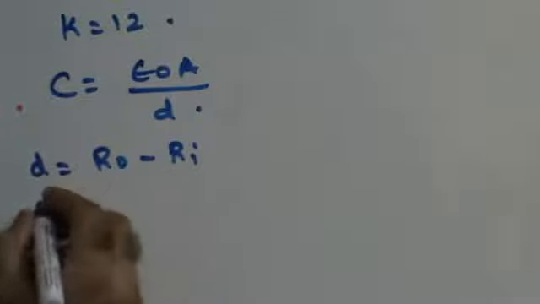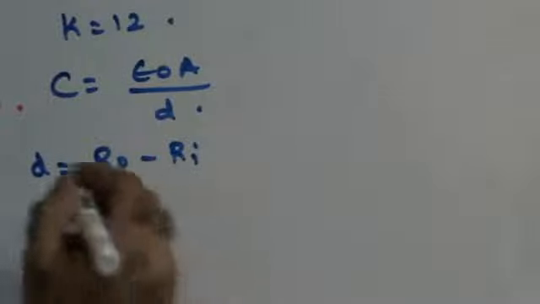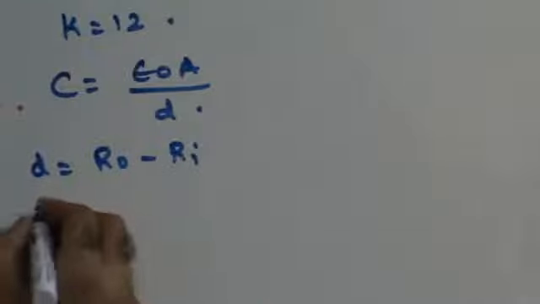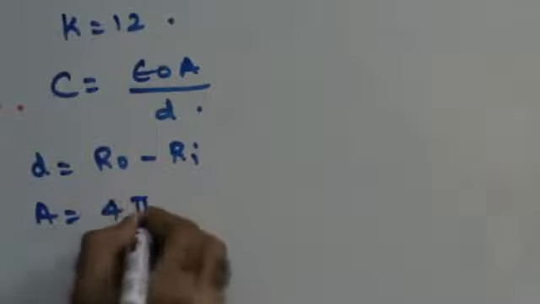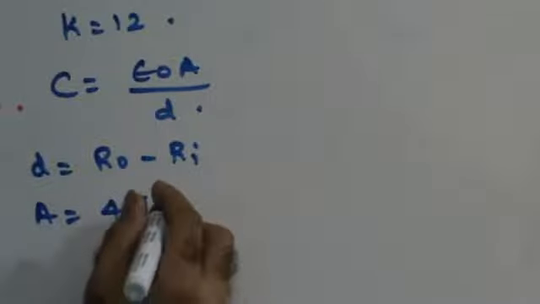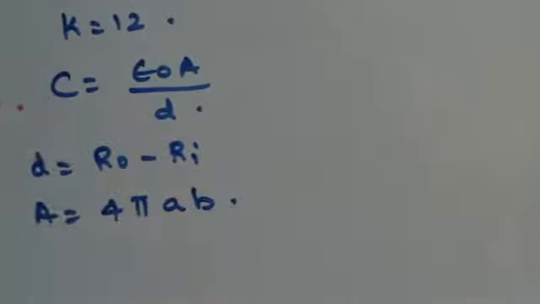Since they are spherical, the area is going to be 4 pi. For a spherical plate it should actually be the area of the outer sphere minus the inner sphere.